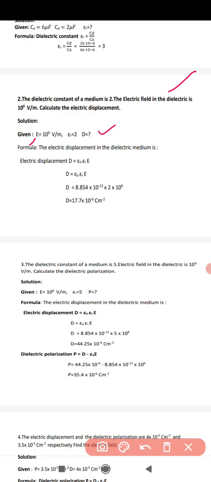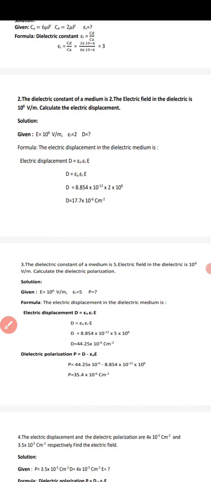The electric displacement vector in a dielectric medium is D equal to epsilon naught into epsilon R into E. Epsilon naught is 8.854 into 10 power minus 12 farad per meter, epsilon R is 2, and the electric field intensity is 10 power plus 6. So 10 power minus 12 and 10 power plus 6 give 10 power minus 6. Multiplying by 2, we get 17.7 into 10 power minus 6 coulomb per meter square.